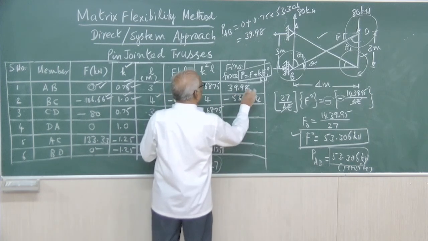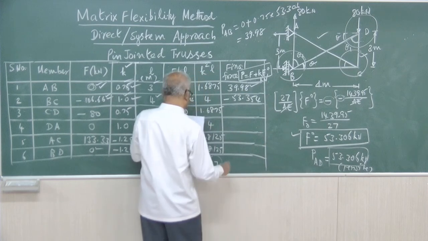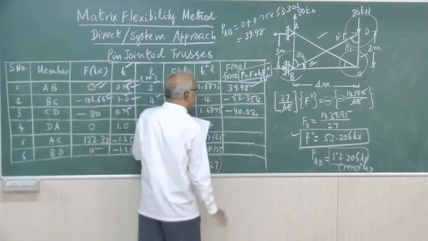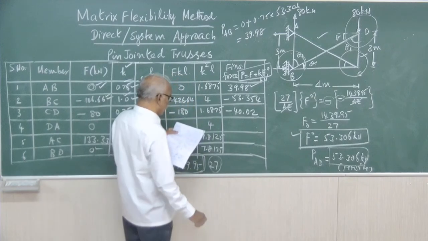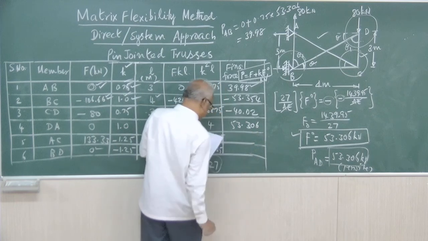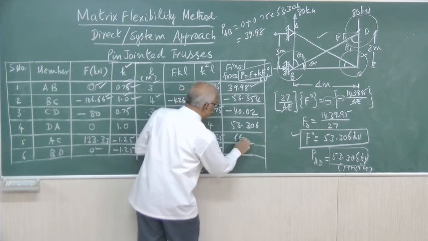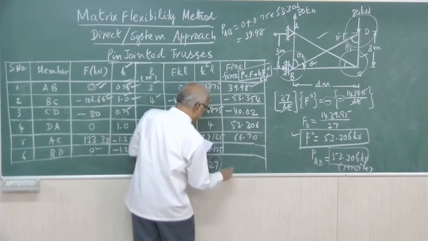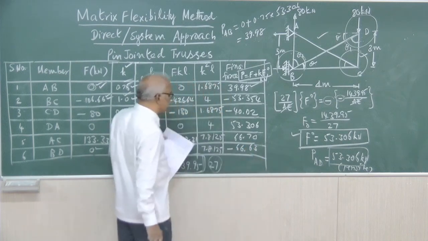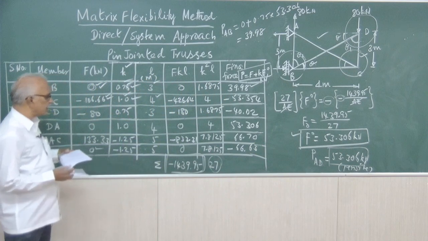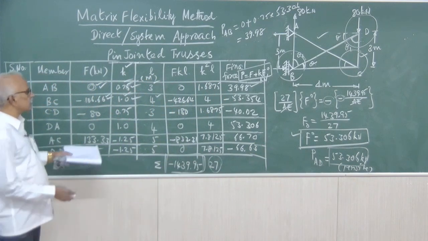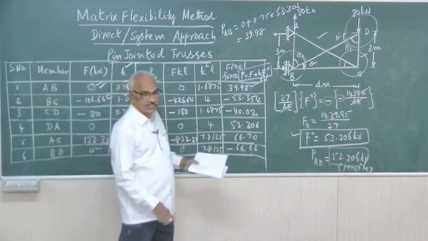Actually, this is supposed to be minus 40, so this is minus 40.02. Again, decimal problem, it is only 40. 53.306, 53.306, 66.70 minus 66.63. This again will be 66.67. But anyway, because of the rounding of numbers, that is about the final force in various members.